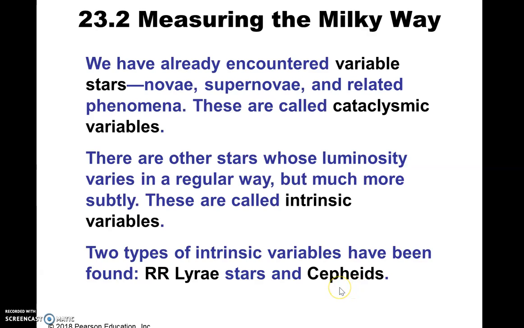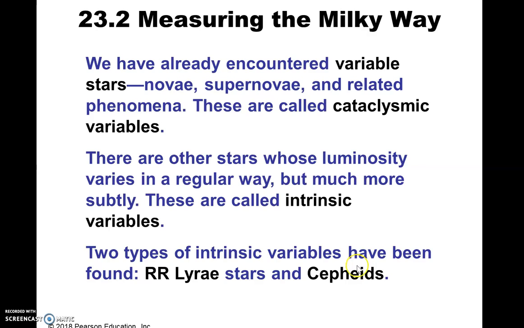So the RR Lyra tend to be smaller than the Cepheids. These are just smaller stars in general, and these have periods usually less than about a day, so they can be just a certain number of hours. And then the Cepheids generally are variable stars that vary their brightness over the course of several days, or even up to maybe 30 days.